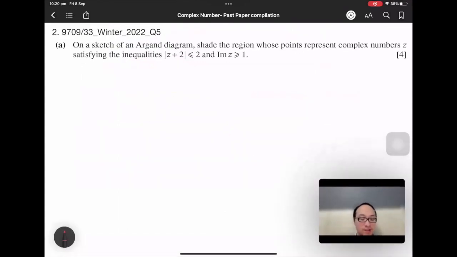On a sketch of an Argand diagram, shade the region whose points represent complex numbers z satisfying the inequalities. Okay, this one is z plus 2, I make it z minus (negative 2 plus 0i).